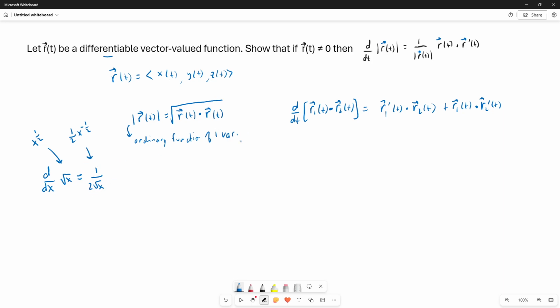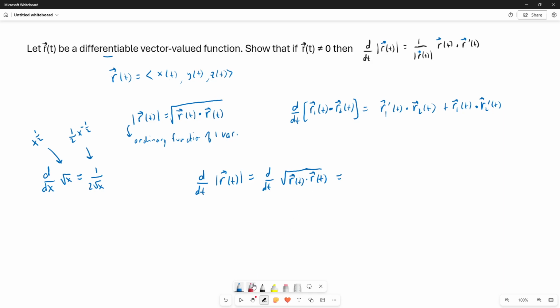Okay, so with all of this background, we start with the derivative of the magnitude of R of t, which is equal to the derivative with respect to t of the square root of R of t dotted with itself. And now we use the chain rule on the square root.